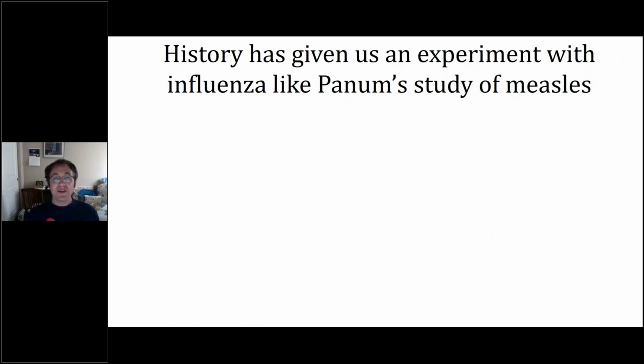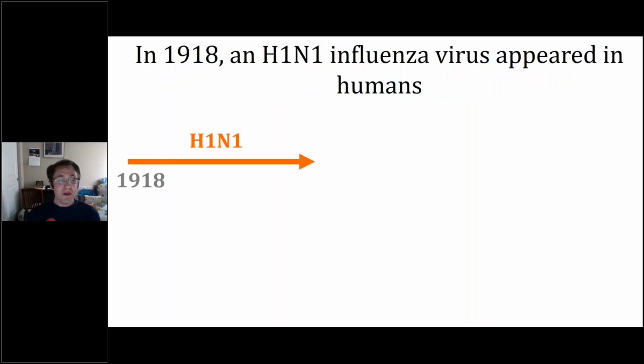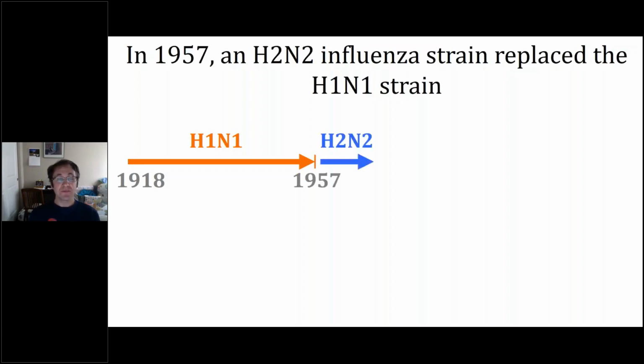So history has given us an experiment with influenza that's a lot like Peter Panum's study of measles. We know that 100 years ago, in 1918, there was an H1 influenza virus that appeared in humans and caused a global pandemic. After 1918, this virus continued to circulate in humans for many years, undergoing a little bit of evolution every year, up until 1957.